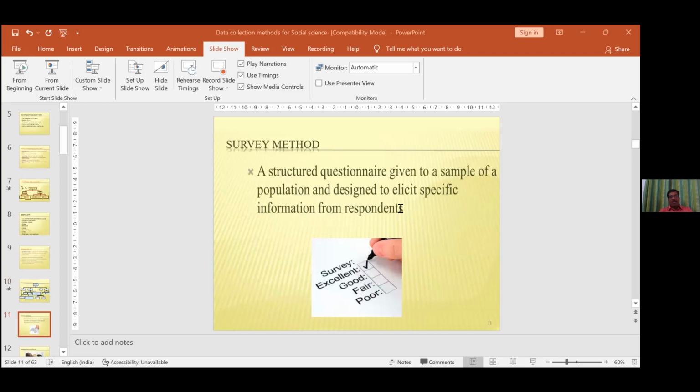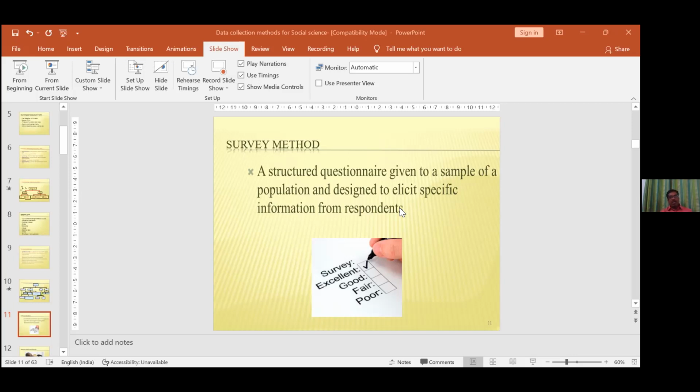Now I would like to discuss the survey method. What is the survey method? You issue a structured questionnaire given to a sample of the population, designed to elicit specific information from the respondent. What is a structured questionnaire?